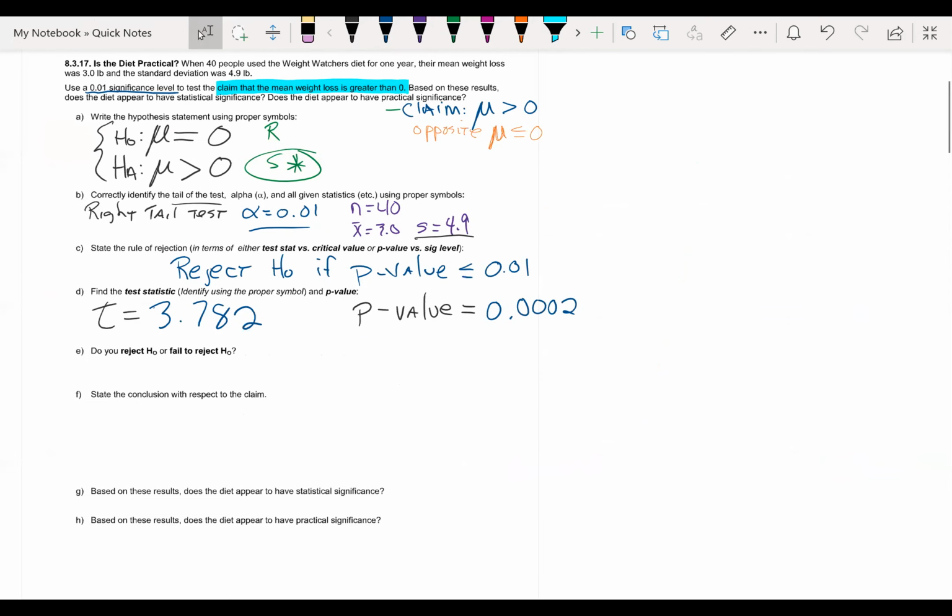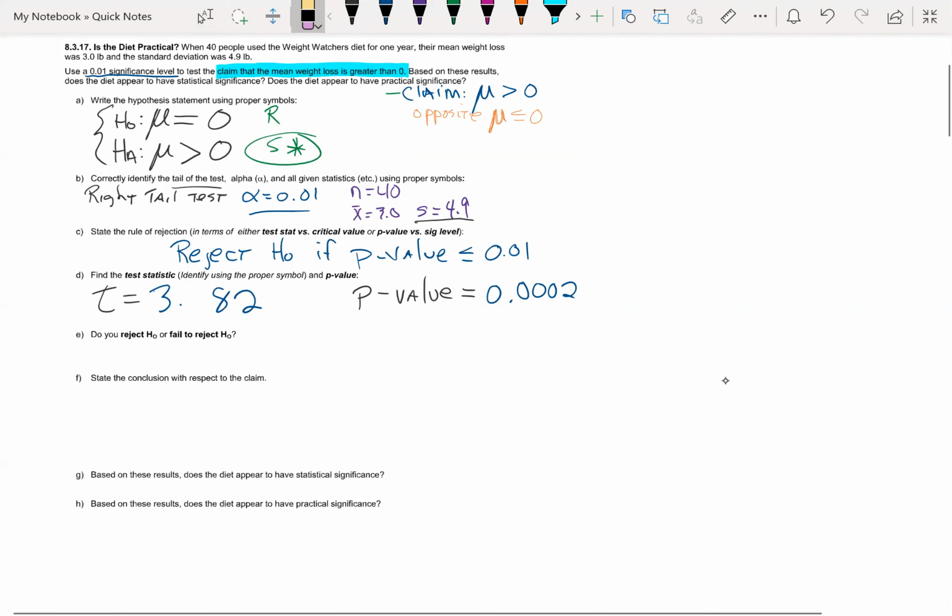Let me double check that because I don't trust my memory. 3.872. I'm right to not trust my memory. So let's change that. But I did get the p-value right. And what we do see here is that our p-value is indeed less than 0.01.